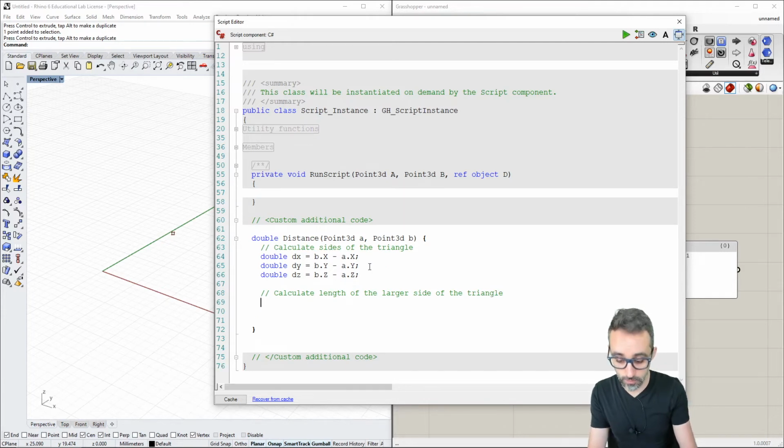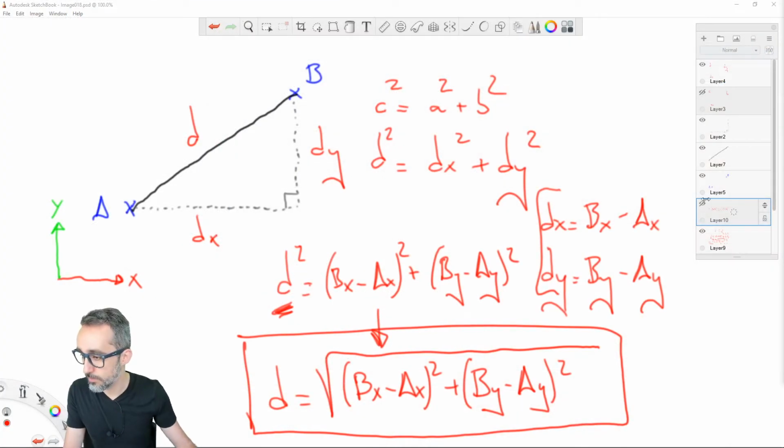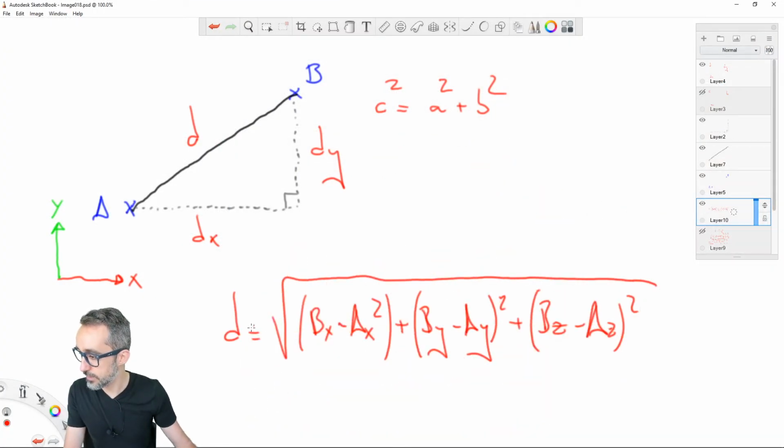And then here I'm going to say double D, and I'm going to go back to the diagram. Remember, D is going to be equal to this side here, which is dx squared. Sorry, actually this should not be here, this should be here. Exactly, sorry.